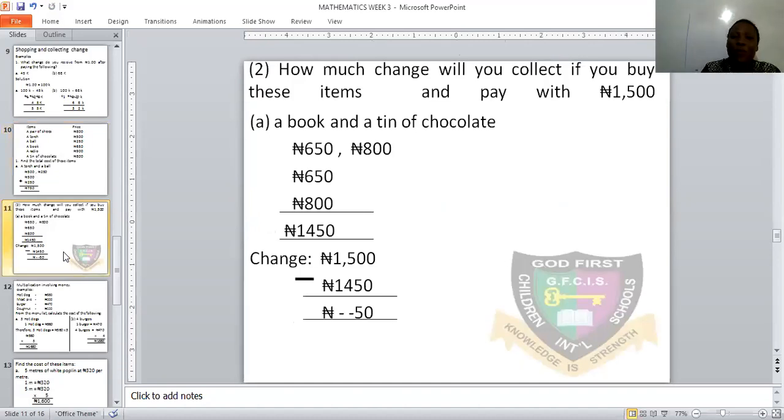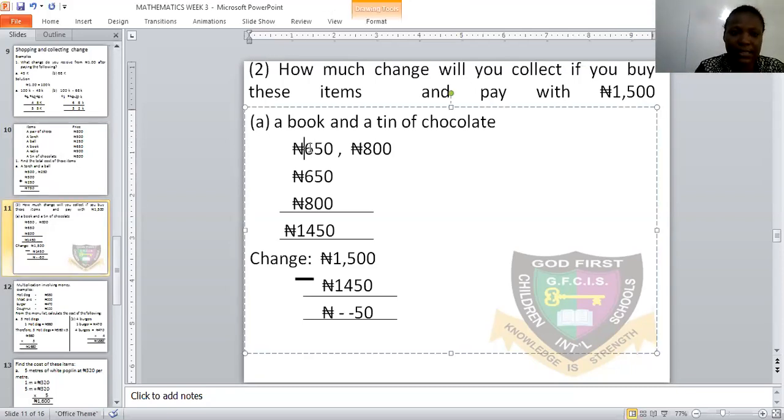Now, you are going with 1,500 naira. How much change will you collect if you buy these items and pay with 1,500 naira? Remembering the price tag, a book goes for 650 naira.